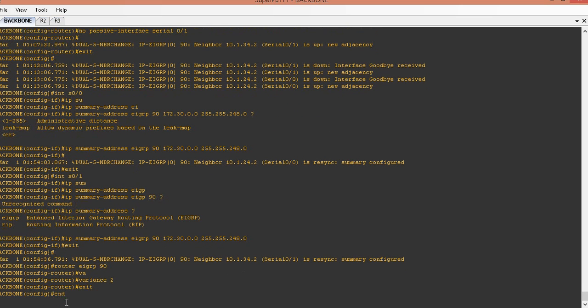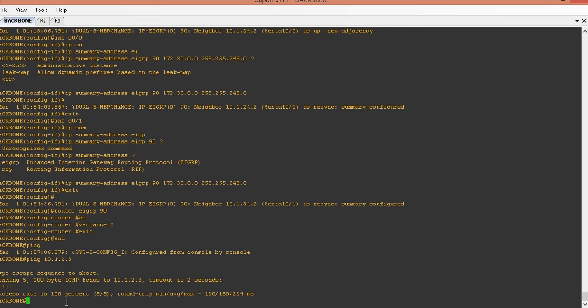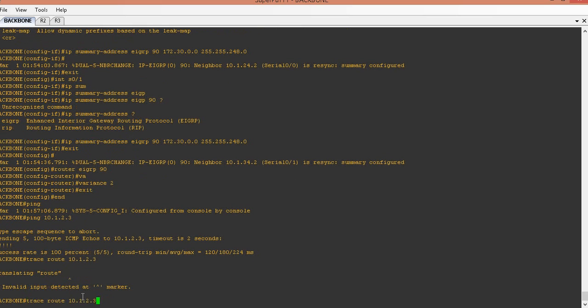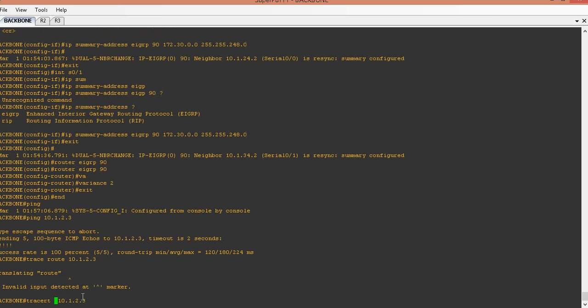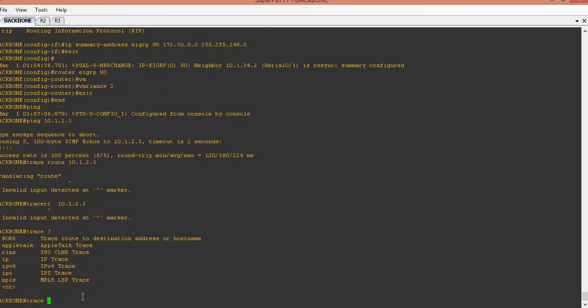So I want to ping, let me see, and let me ping on the backbone to 10.1.2.3. Okay, trace route 10.1.2.3. Is it tracert? Trace IP.